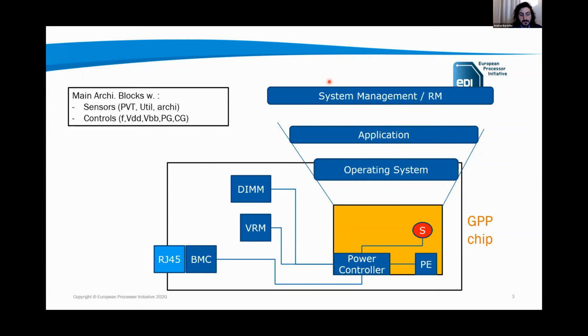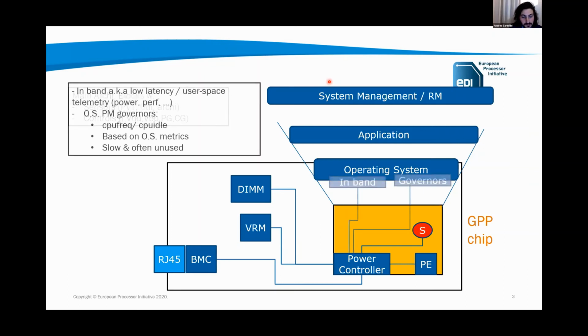And so the power controller interacts with the operating system by providing two kinds of services. One is the telemetry service: how much power is my software consuming, or at which performance the power controller was allowing the cores of the processor to execute. Then it also interacts with the power governors.